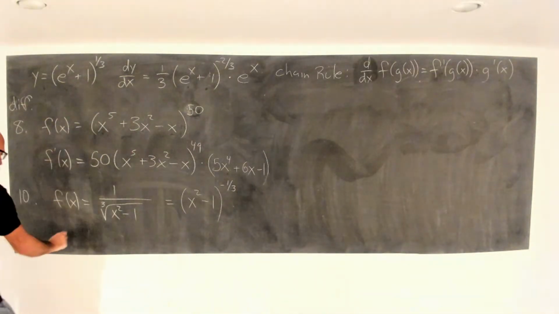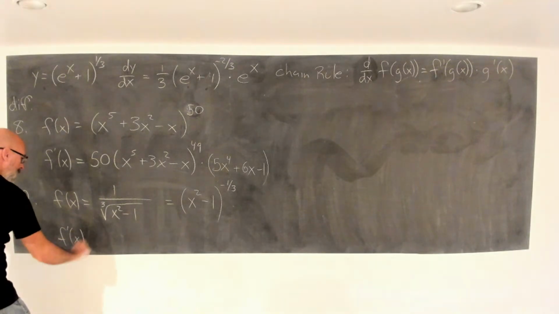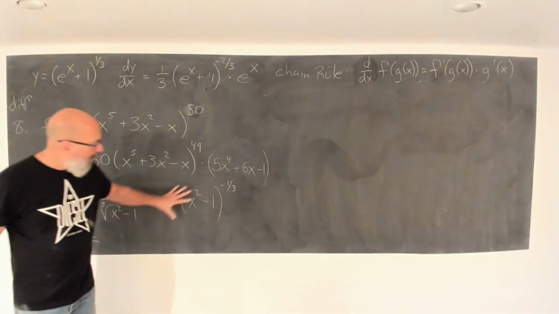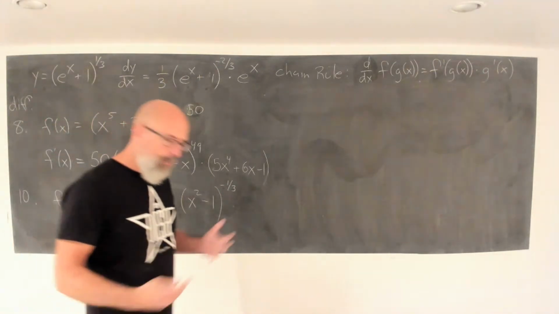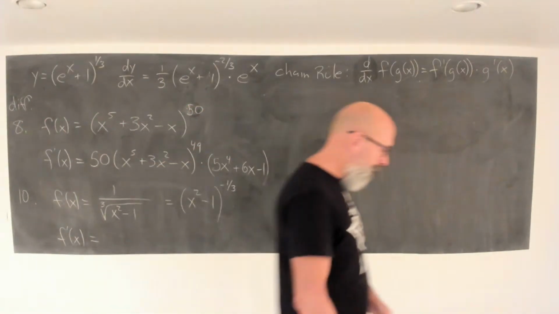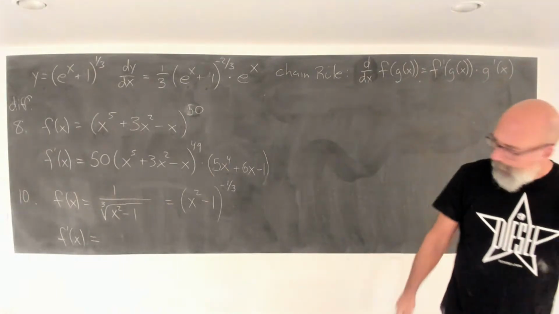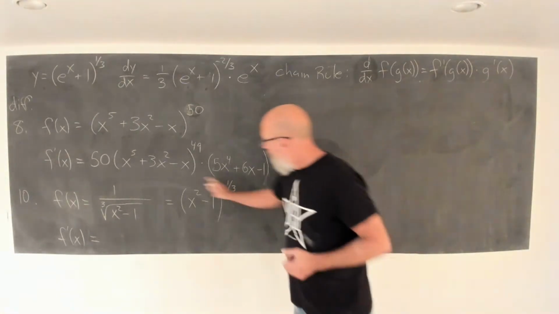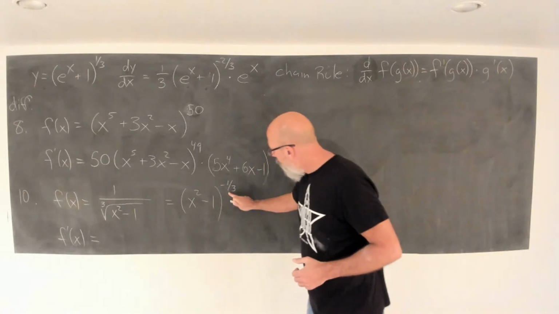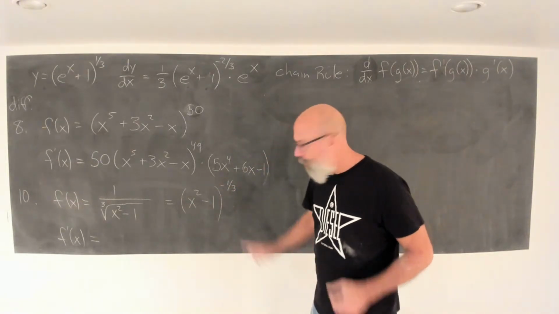And now let's differentiate. What do we have here? We have something to the power negative 1/3. That's how you would describe it. So let's differentiate the power using the power rule.